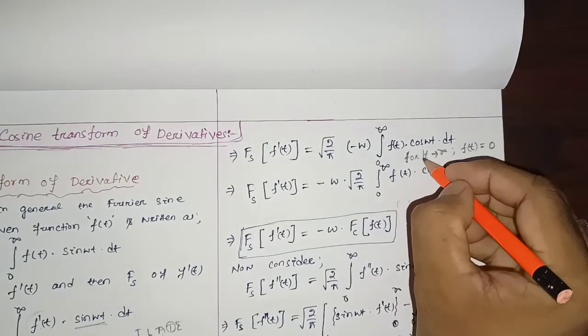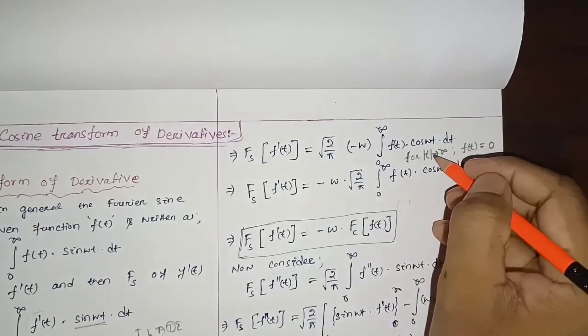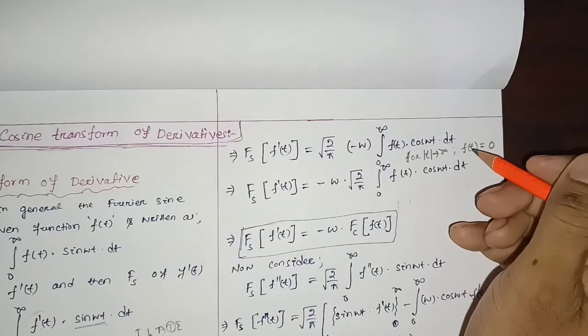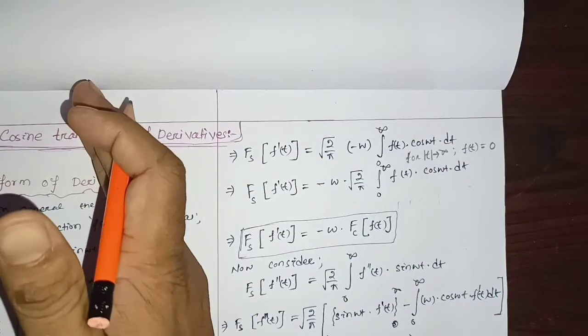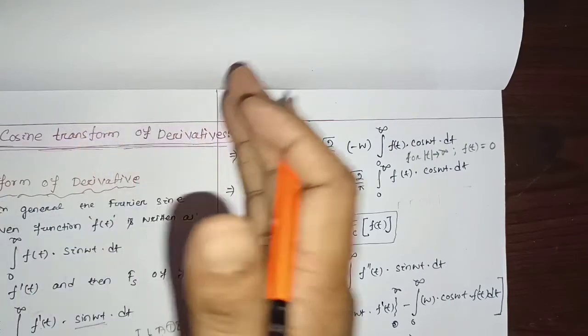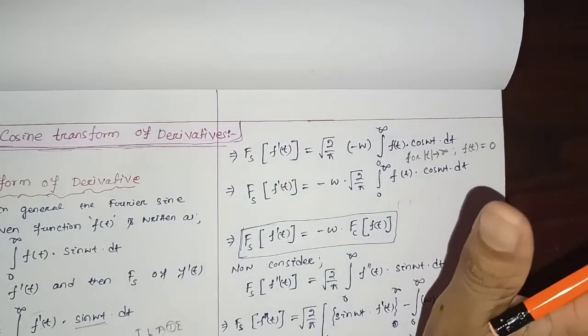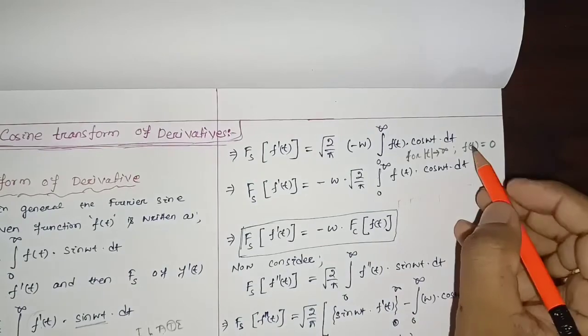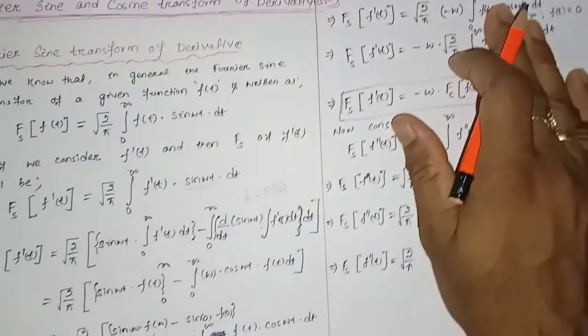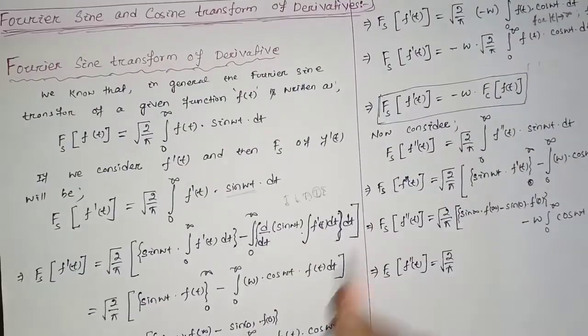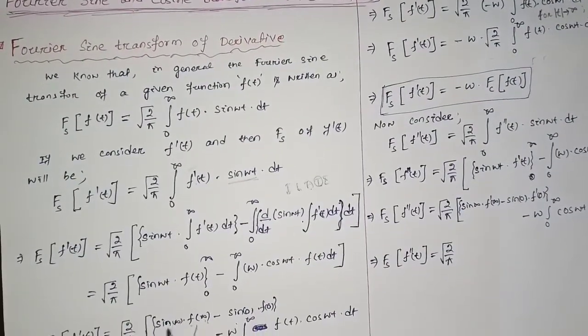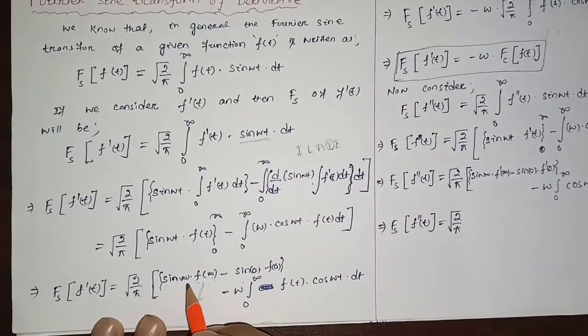You just put mod t, that means either t is positive plus infinity or minus infinity. So at minus infinity the function is not to be found, at plus infinity the function is not to be found. Hence f(t) equals 0 for t tends to infinity. So only for that we consider this term to be 0.